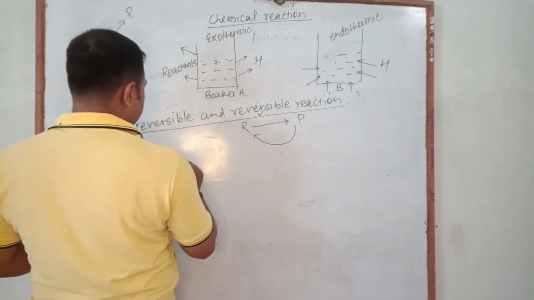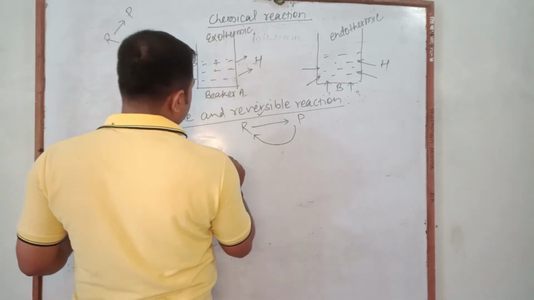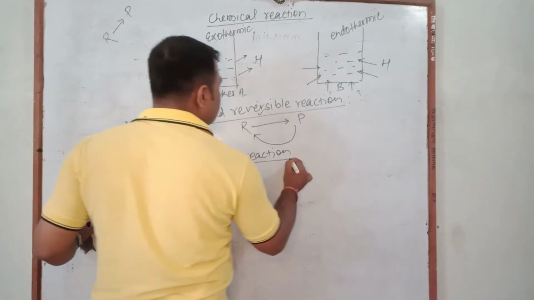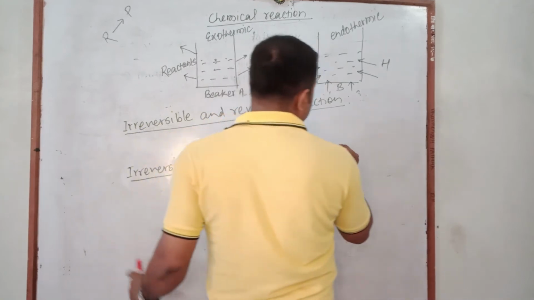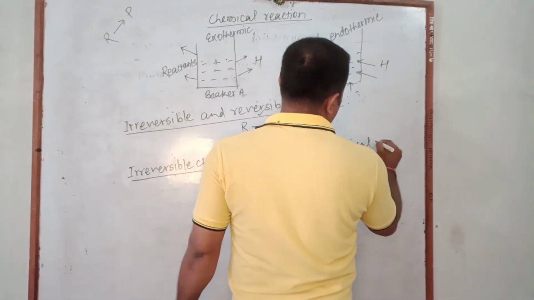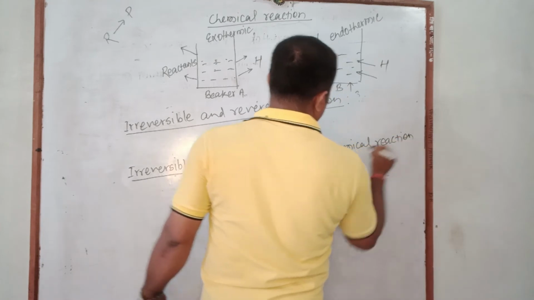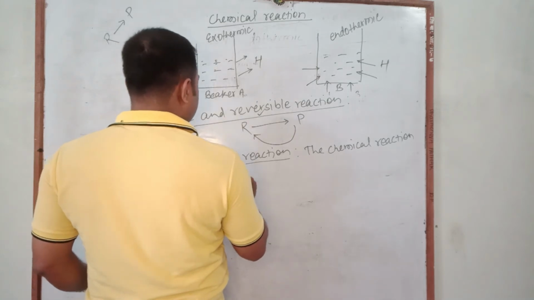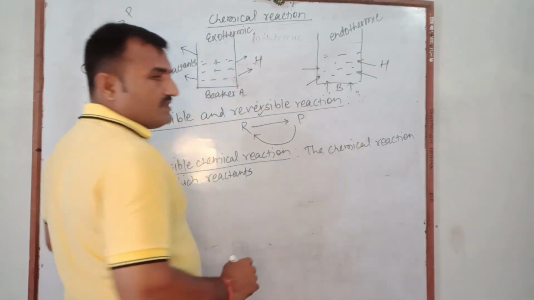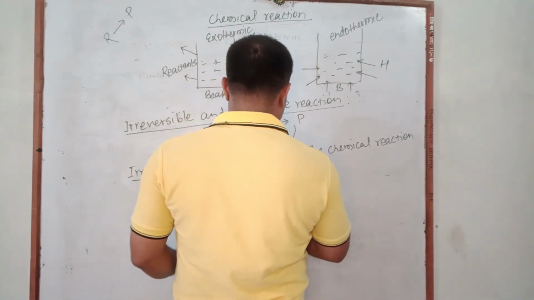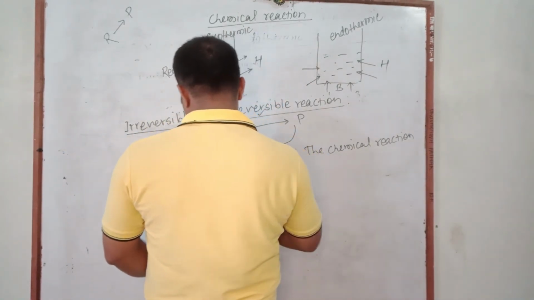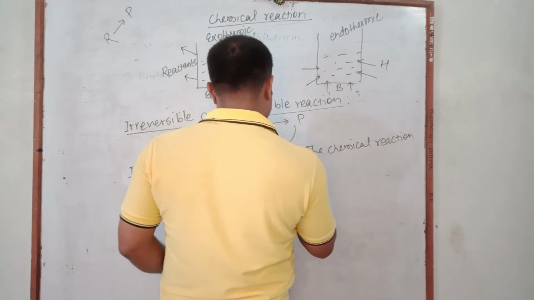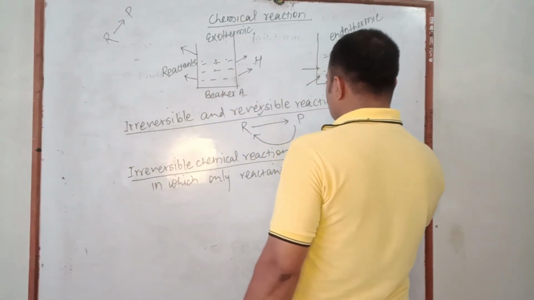Firstly, we define an irreversible chemical reaction as a chemical reaction in which only reactants change into product.